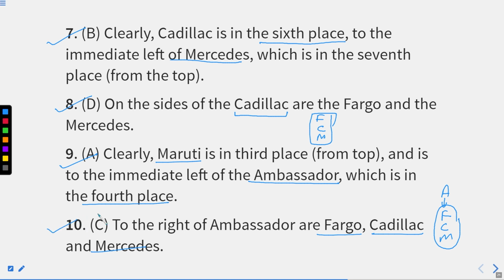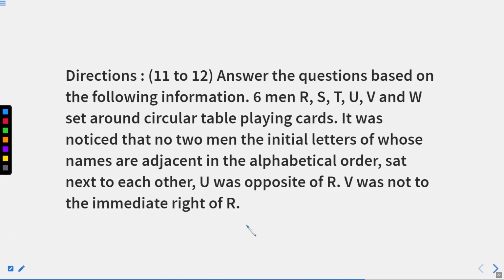I hope you find all 10 questions well. Now we are going to move to a different set of questions for which the direction is given here. The direction says to answer the question based on the following information. In the first direction we are dealing with 8 persons. In the second direction, we are dealing with 7 cars. Now, in the third direction, for question number 11 and 12, we are going to deal with 6 men.